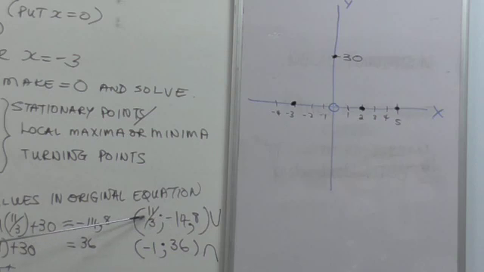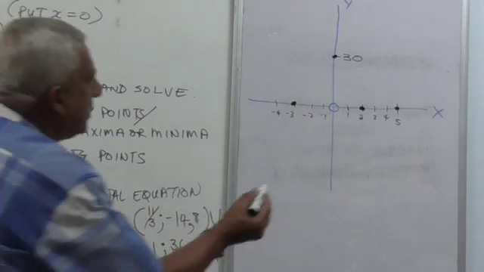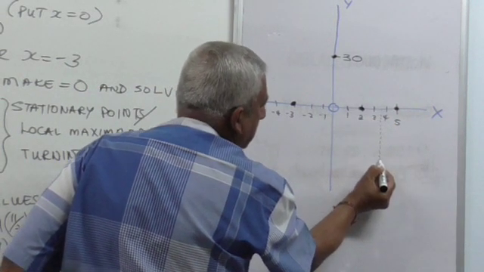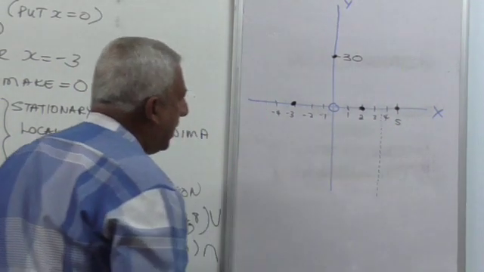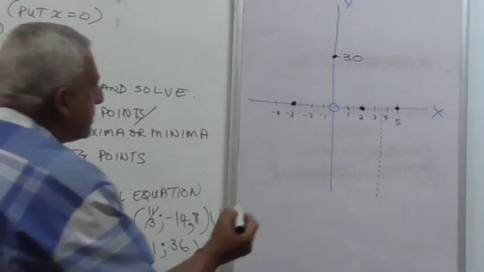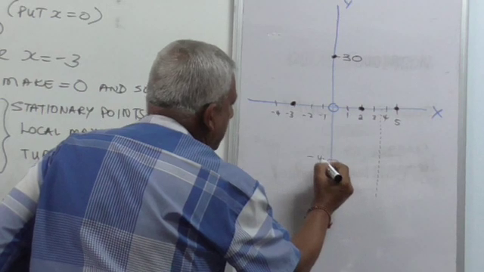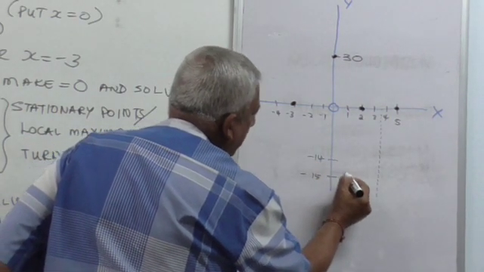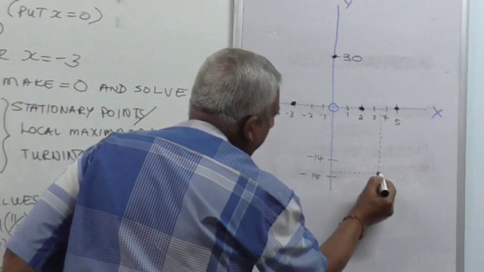So let's find where 3 2/3 is first. 3 2/3 is somewhere here. And you're looking for negative 14,8. So let's say it's negative 14 here, let's say it's negative 15 here. So negative 14,8 will be here.